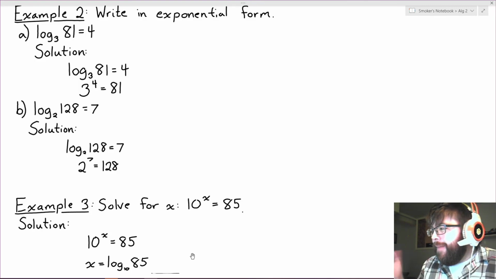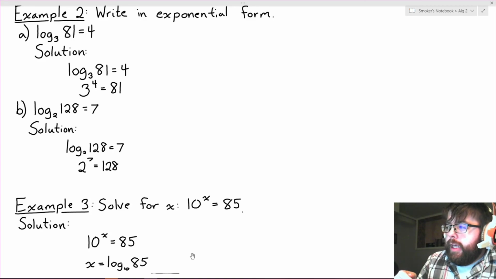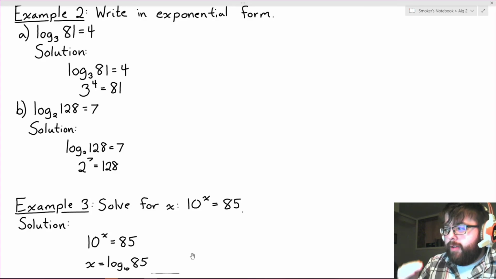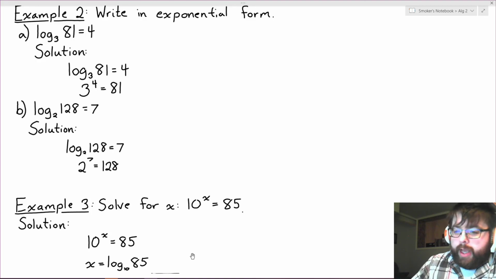You do these things that are opposite what's given in order to get x isolated. That's the goal. Get x by itself. Logarithms enable us to do that when our unknown is in the exponent. And 10 to the power of x equal to 85 would convert to the logarithmic equation log base 10 of 85 is equal to x. And you can see x is equal to log base 10 of 85.